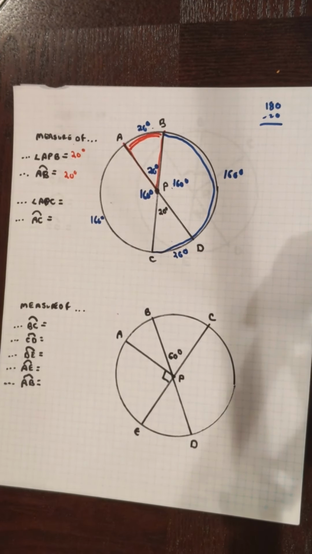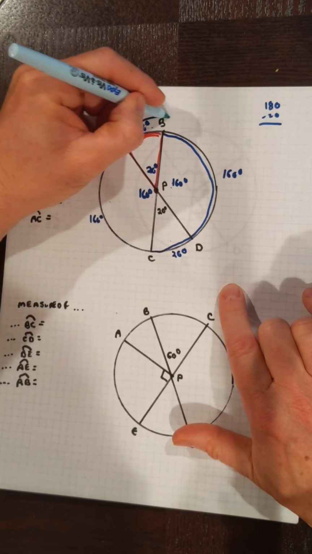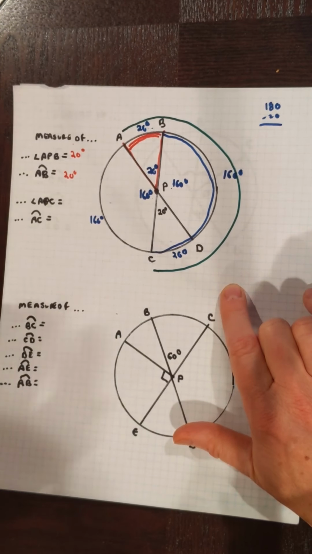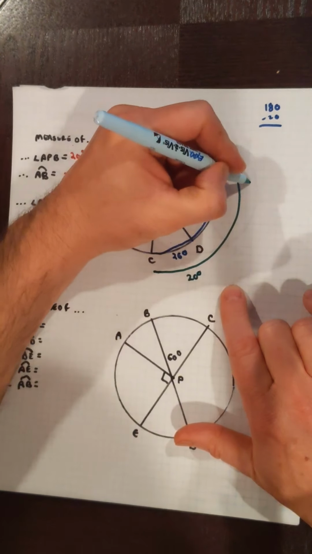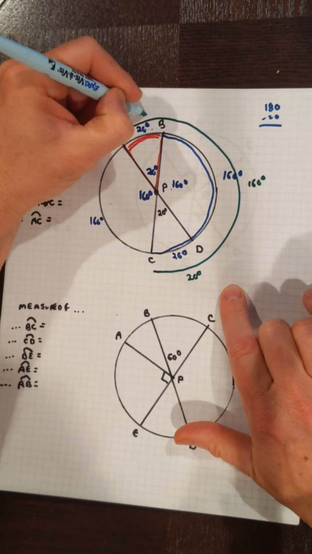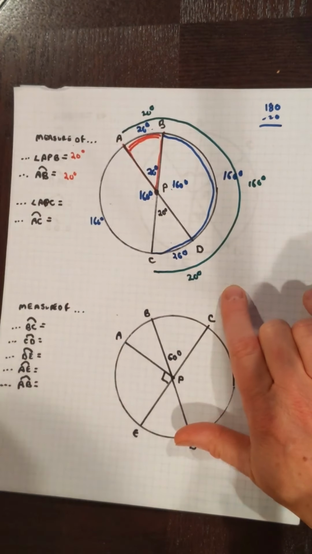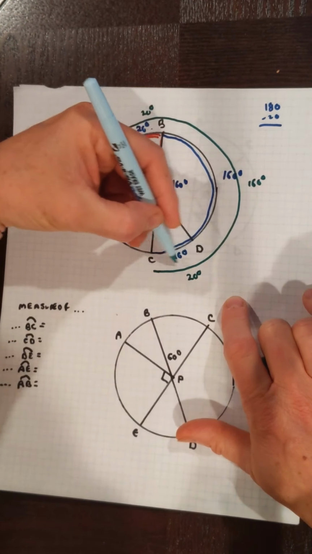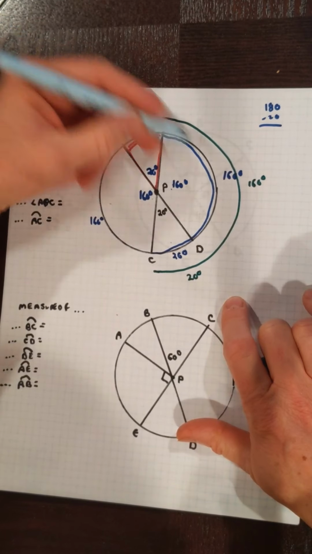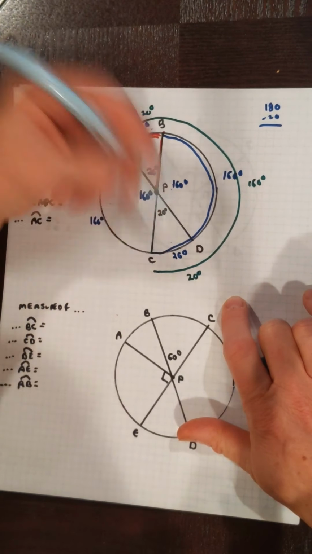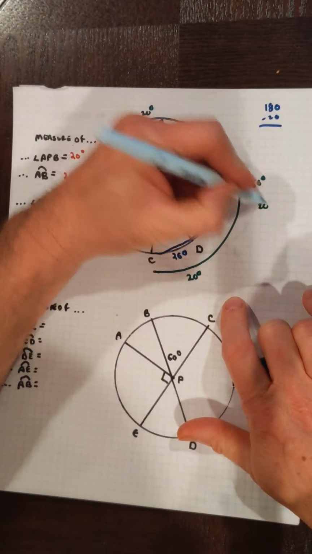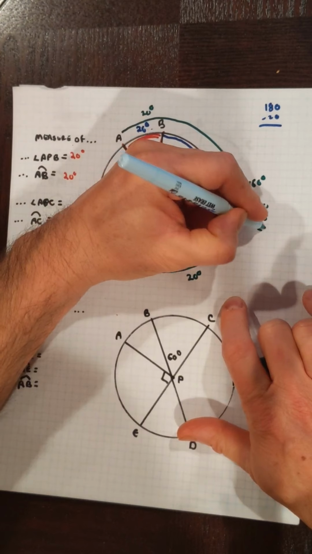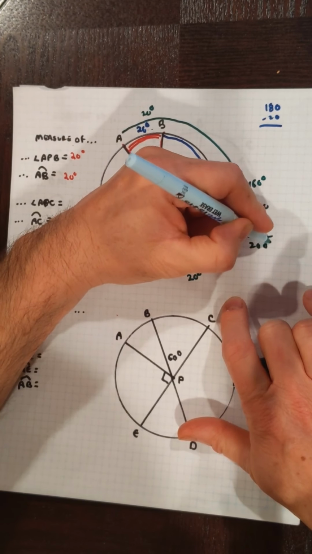A, B, then C. That's got 20 in it. It's got the 160 in it, and it's got another 20 in it. So let's add those three together to give me the arc A, B, all the way to C. I could say A, B, C, or I could say A, D, C. It's the same arc. So 20 plus the 160 plus the 20, add them together and you get 200 degrees.